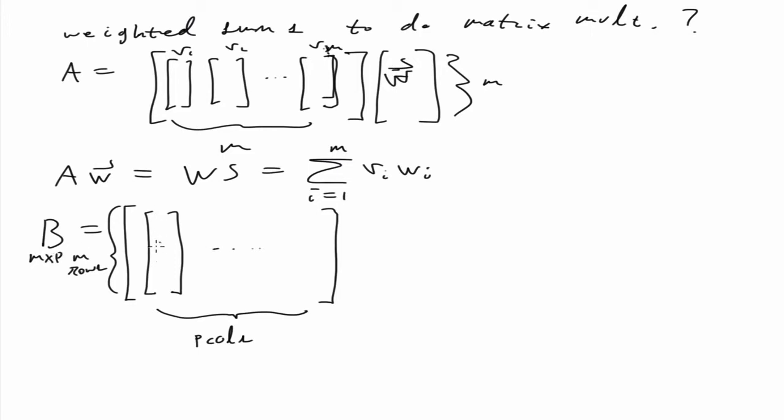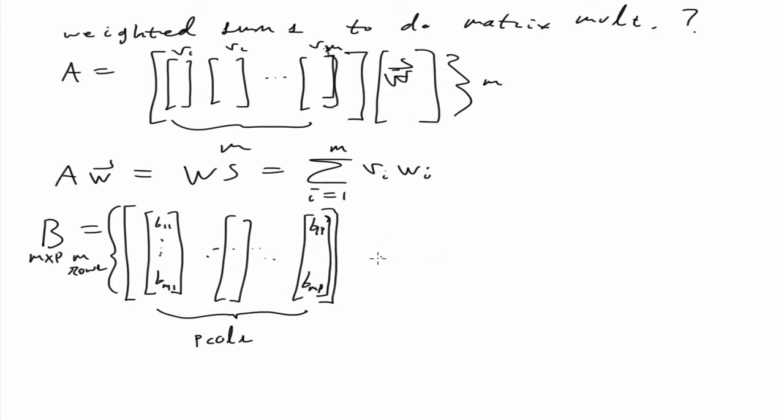This is going to be B11 all the way to BM1, and then the last column will be B1P all the way to BMP, and everything in between. There's a bunch in the middle as well.